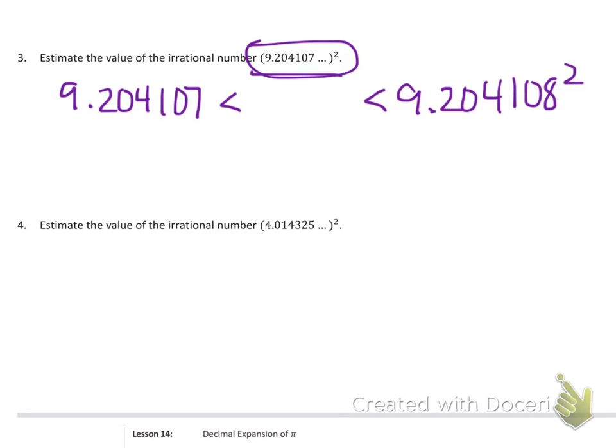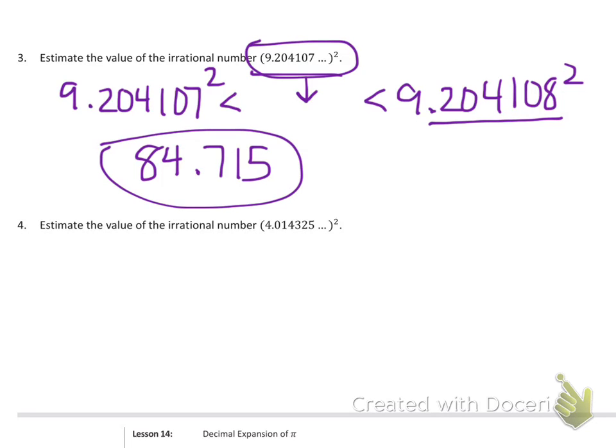And so these numbers squared. So the number I'm trying to find goes right there. And so this one, because I have a few extra digits here, is going to be correct out to the third decimal place. So this is going to be correct to 84 and 715 thousandths.